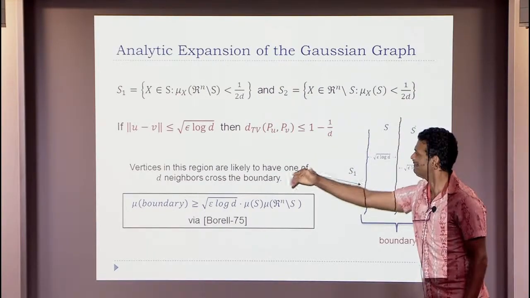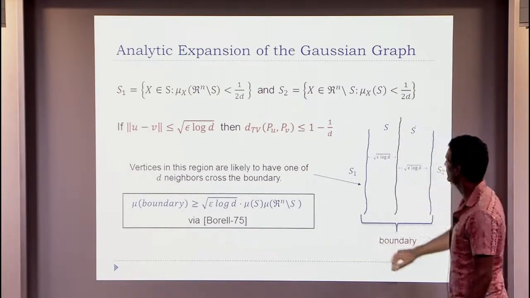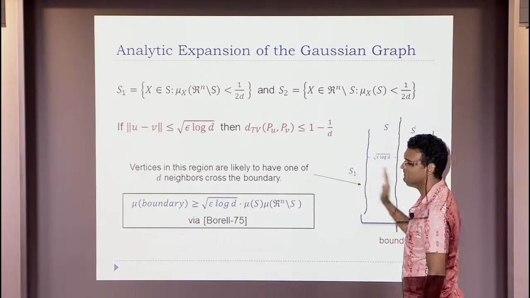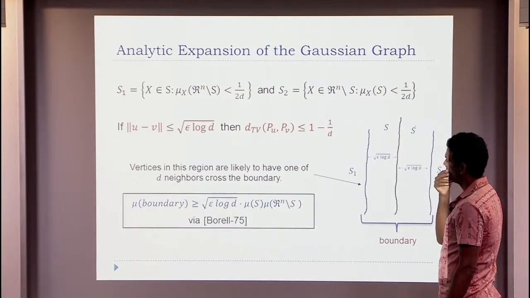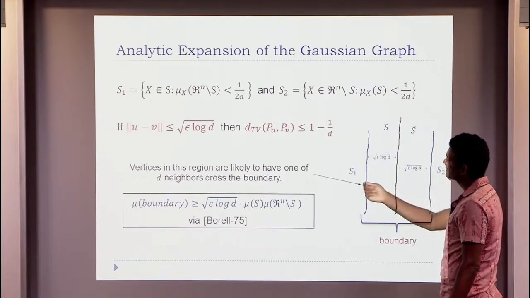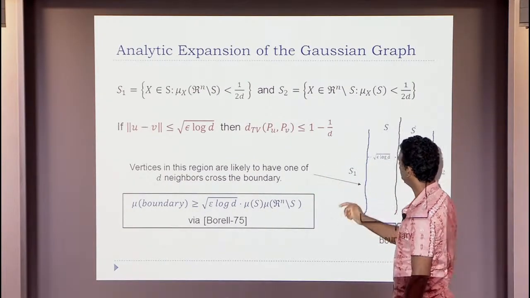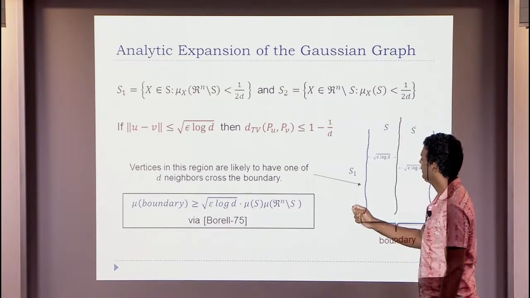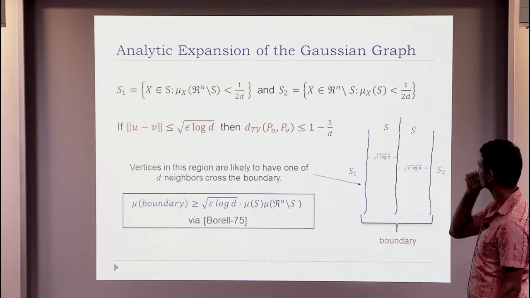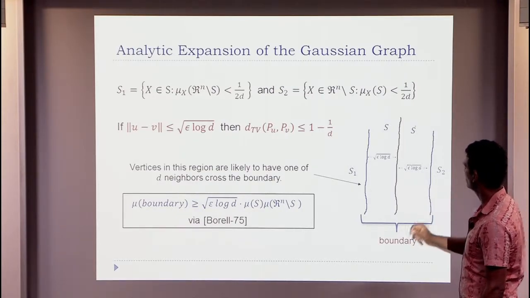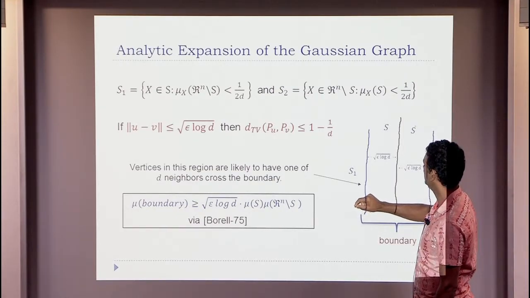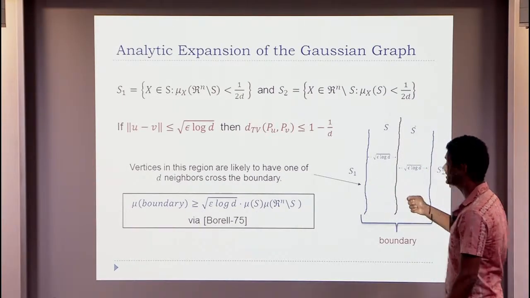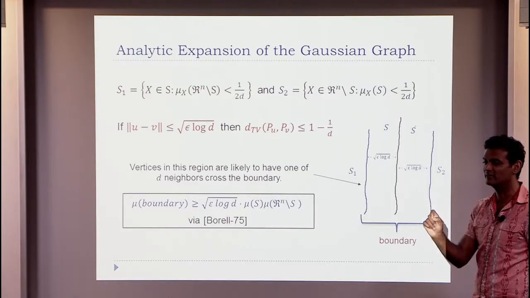So here is a subset. Everything on this side is a subset you are in. Let me define two other subsets, which are kind of deep inside. In what sense are they deep inside? This S1 is a subset of all points such that the probability that when I take a point here and a neighbor, the probability that it crosses is less than 1 over 2d.